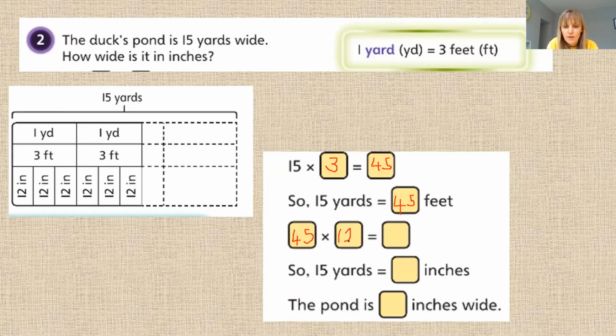45 times by 12. Now, I would break this down, because the way that I would do 45 times by 12 is I'd do 45 times by 10 first, which would give me 450. And then that means I've times it by the tens. Then I've got to do 45 times 2, which is 90. So 450 add 90, that's going to give me an answer of 540.